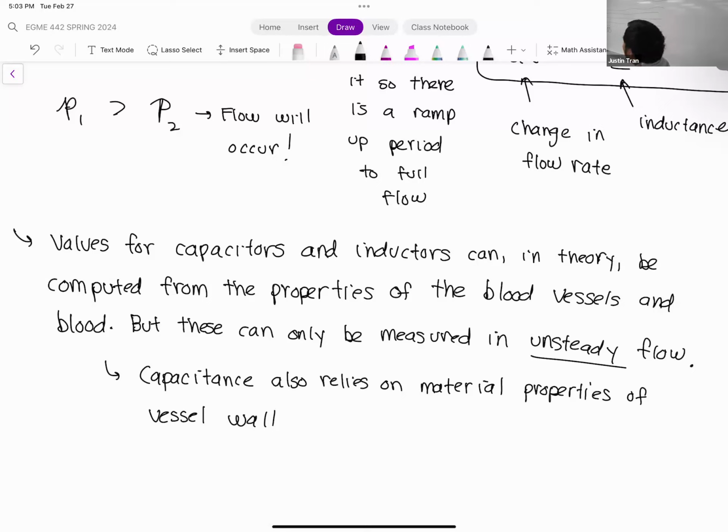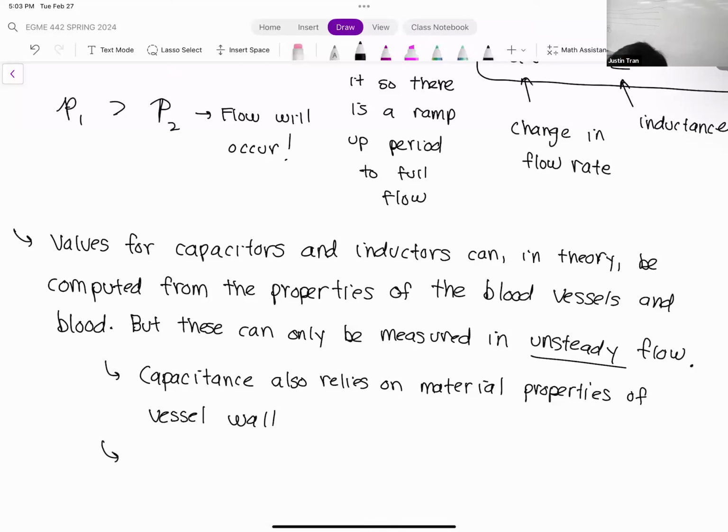And the thing with biological tissue is that we understand the material properties of these tissues a lot less than we do, say, an earth material like metals. So that makes it even more challenging to get a value for the compliance.